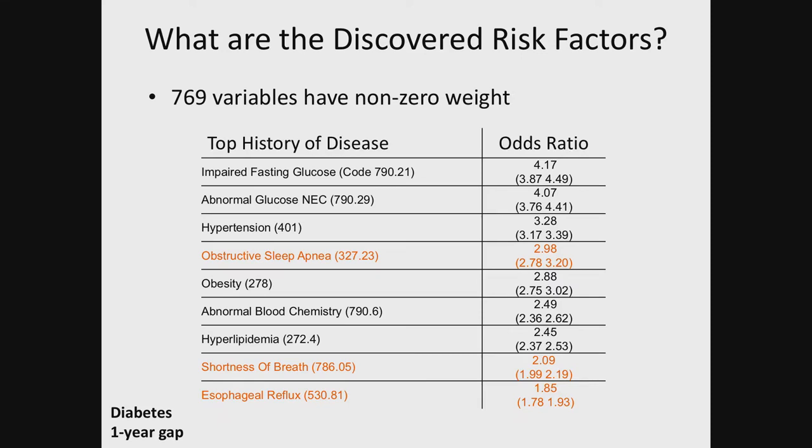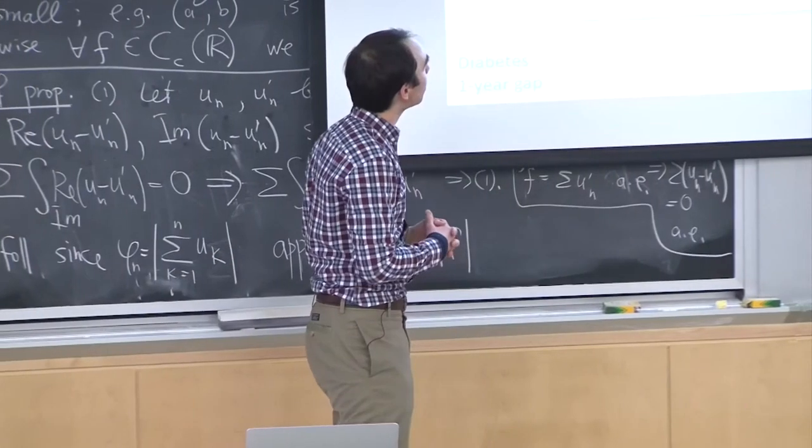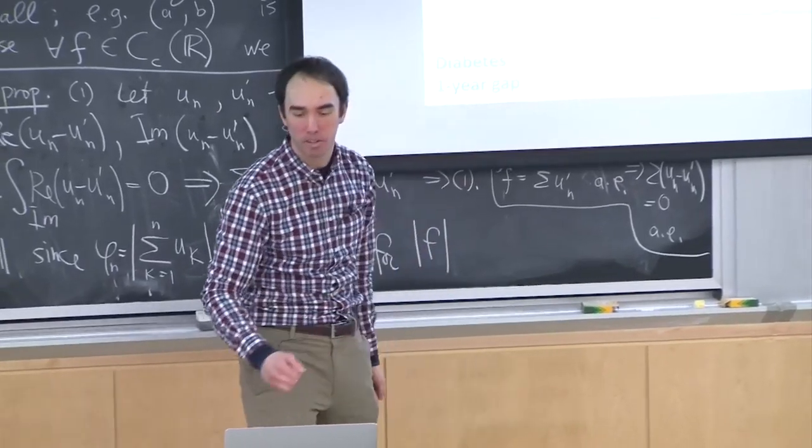Patients who are obese often have what's called sleep apnea, so they might stop breathing for short periods of time during their sleep. And so that would be a sign of obesity.